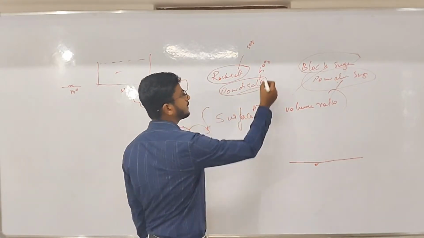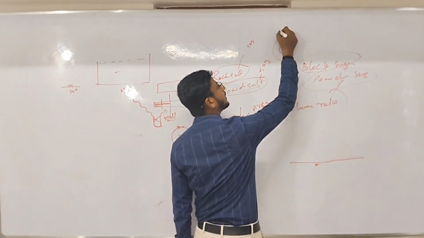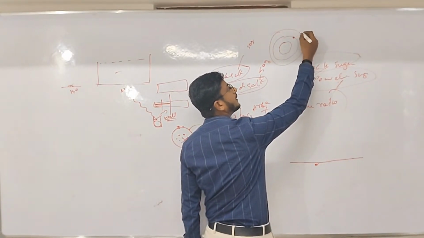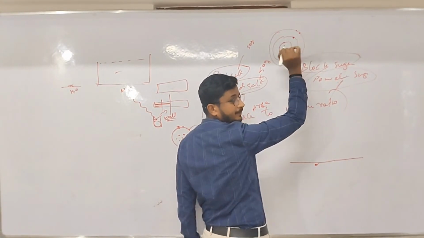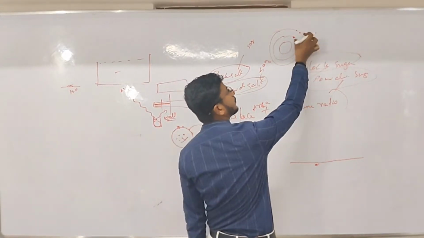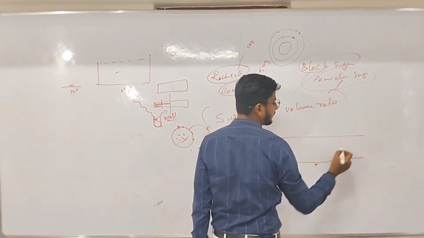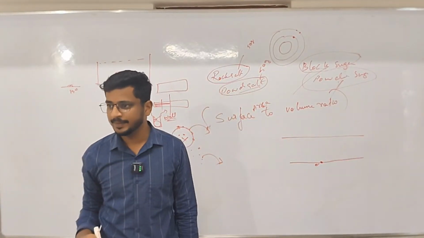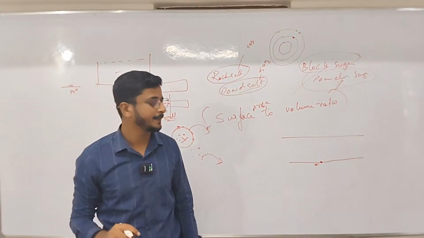If this is the atom, so many orbits will be there, right? Here electrons, right? I am taking 2. Only one electron I am considering, just to understand what is happening there.